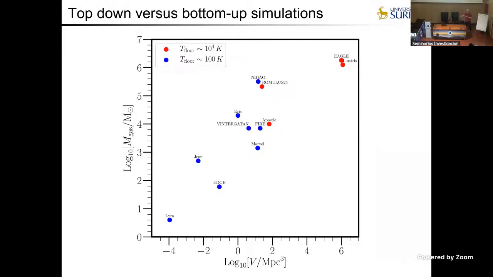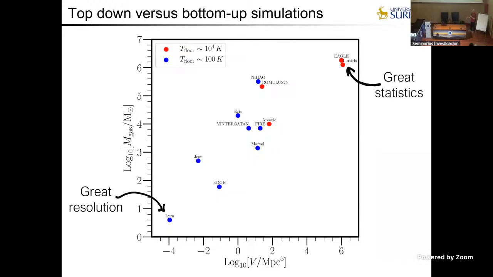And so you have Eagle and Illustris living up here. And then down in this corner, we have Lyra, where they model just a few galaxies at very high resolution. So we're getting down to below 10 solar masses per gas element. But the price you pay is you can't model very much of the universe, okay? And this correlation basically exists because of the finite power of computers, okay?